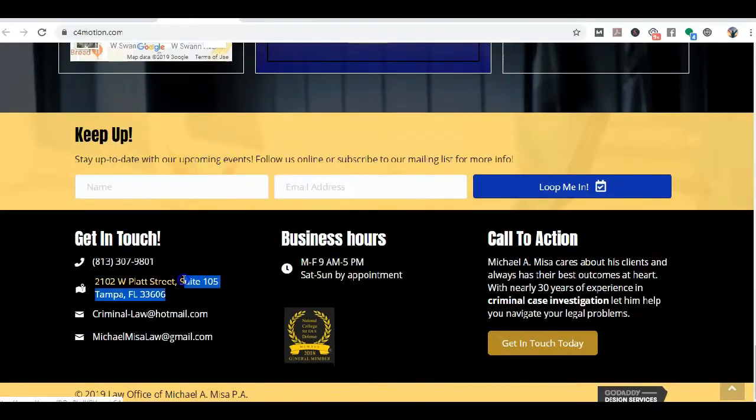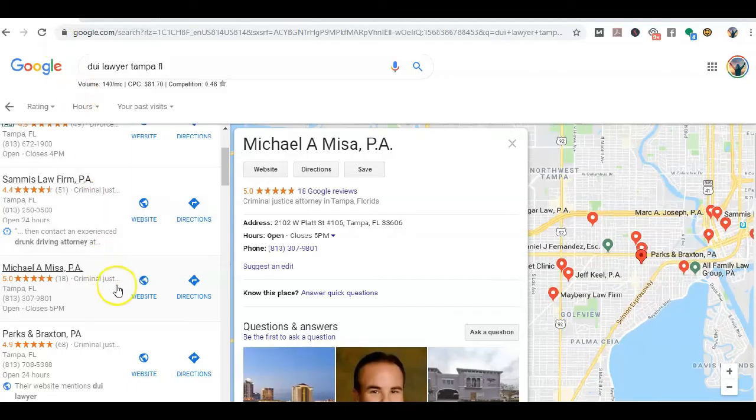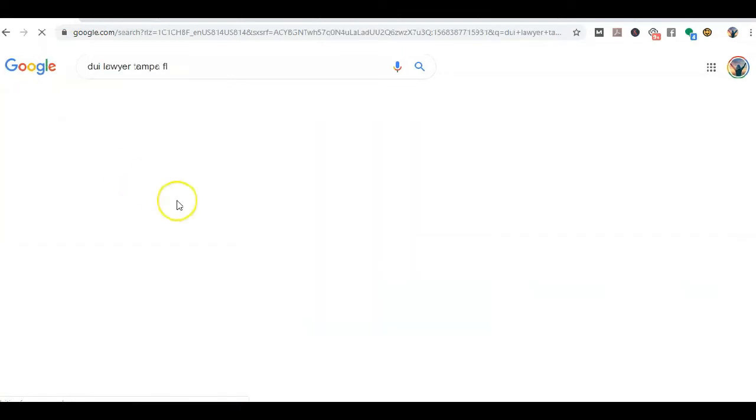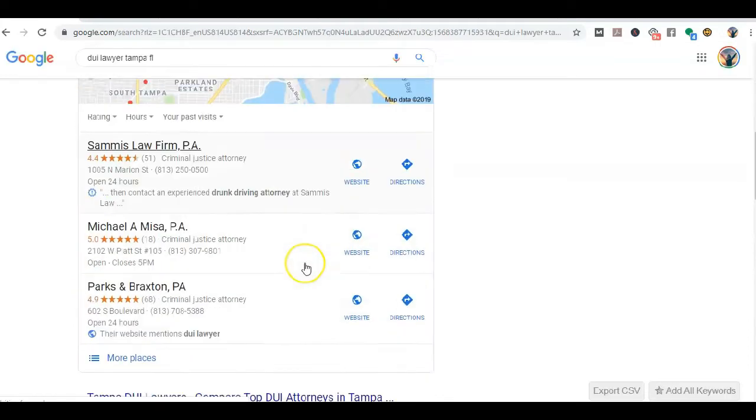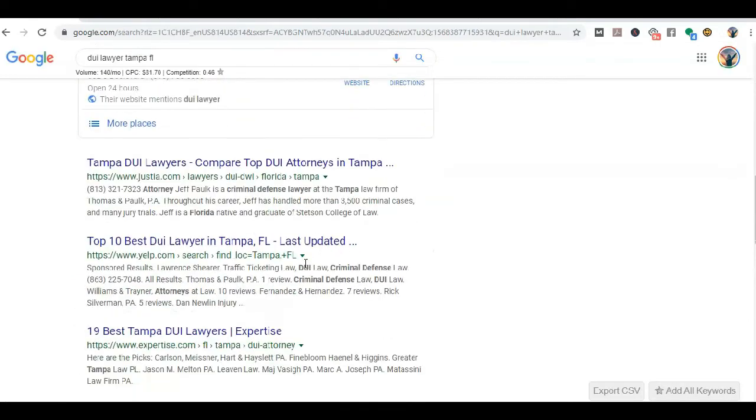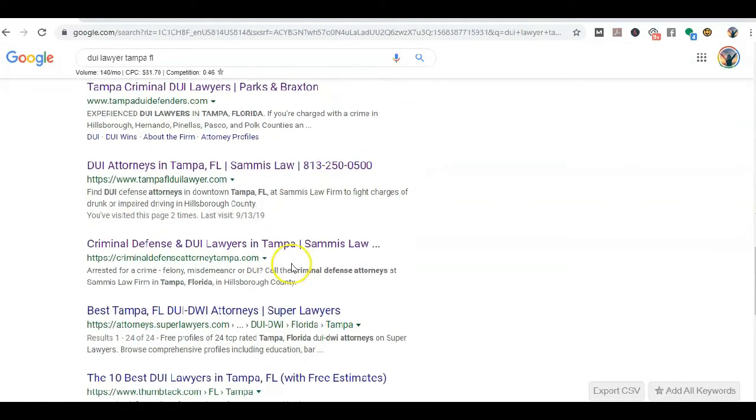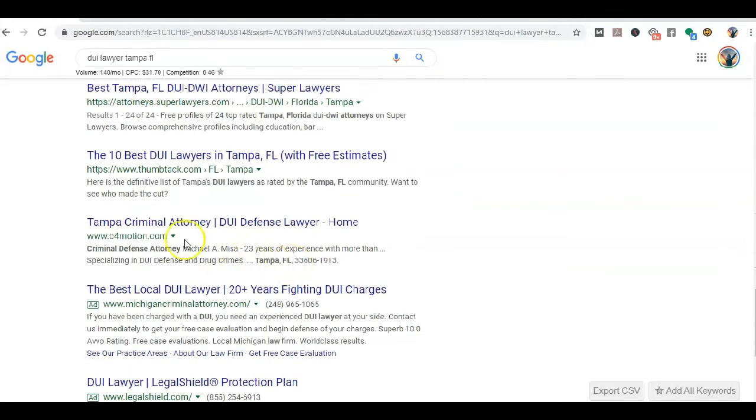Well, look at that. He has it different in his footer. cmotion.com. Okay, so he is ranking in the maps, but obviously not in the organic. You see that? Because I don't see the cmotion4.com website at the bottom of page 1.